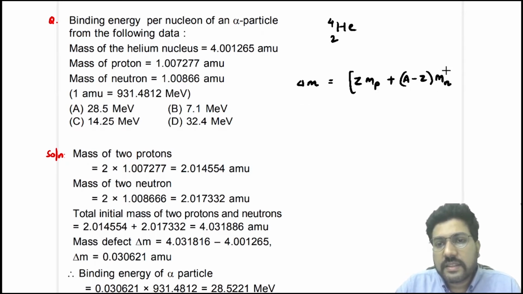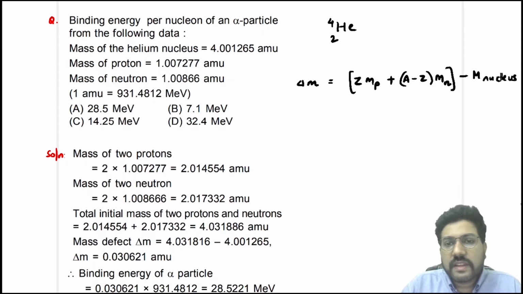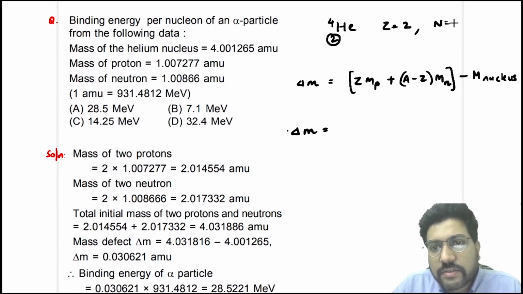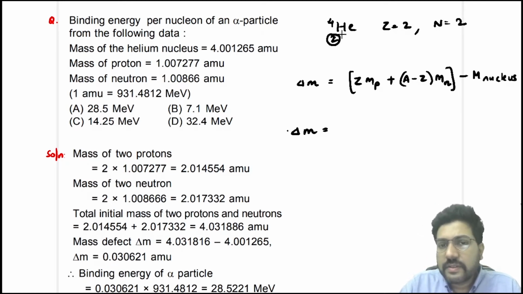So this is the original mass minus the mass of nucleus, right? So they've given you the mass of helium nucleus, they've given you the mass of proton, they've given you the mass of neutron. So first we will find the value of delta m, right? So from this you can see that the value of Z is 2 and the value of N is also 2. Why? Because A is 4, A minus Z is 2, right?